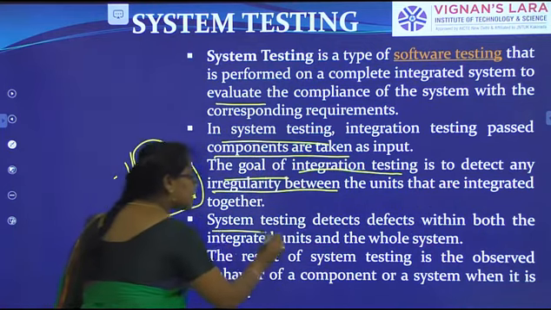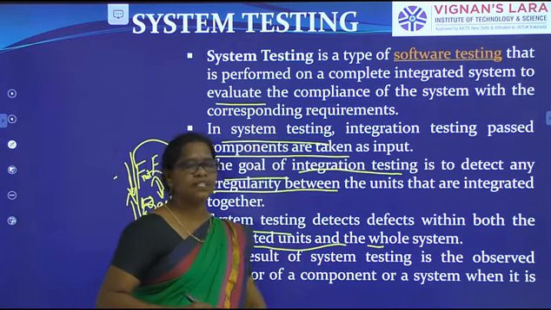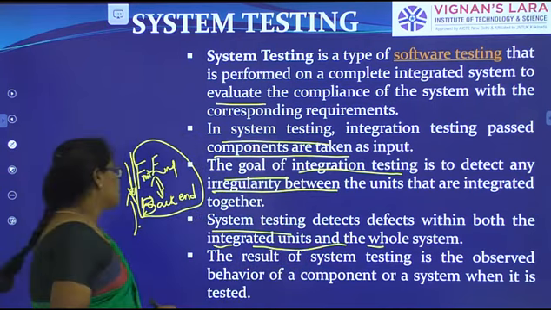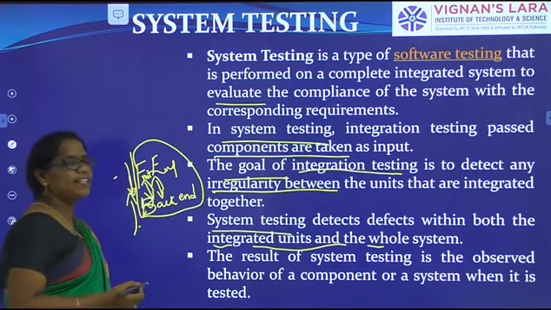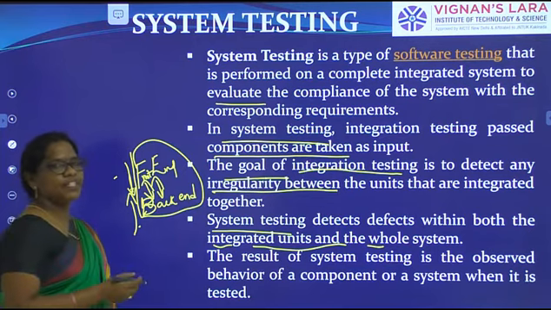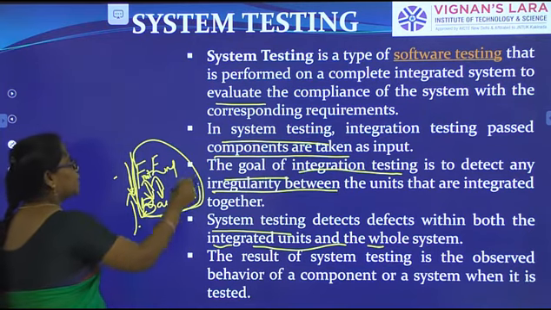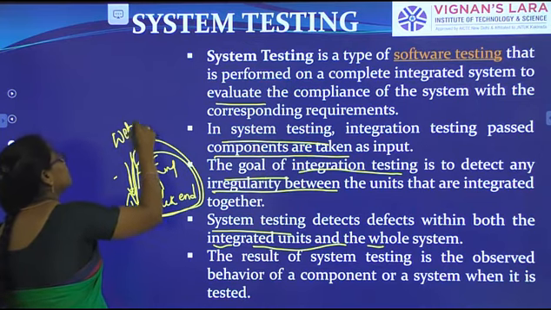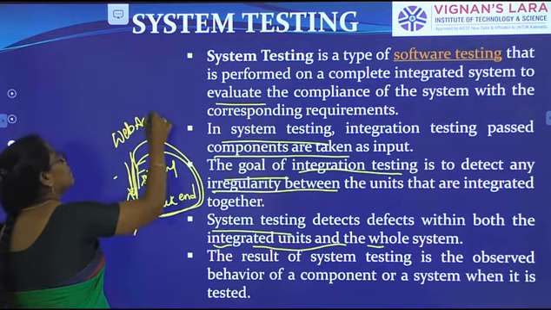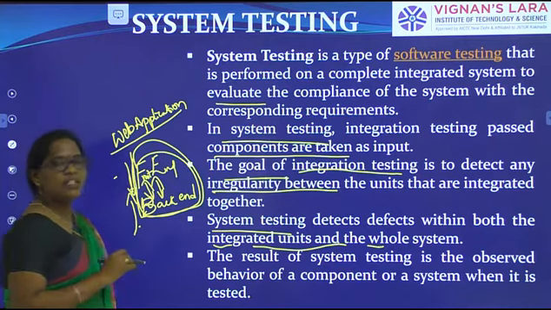Whereas system testing detects defects within both the integrated units and the whole system. When combining these two modules, if you are getting errors, that is integration testing. After integration testing, these two modules come together as one web application, a full-fledged web application.